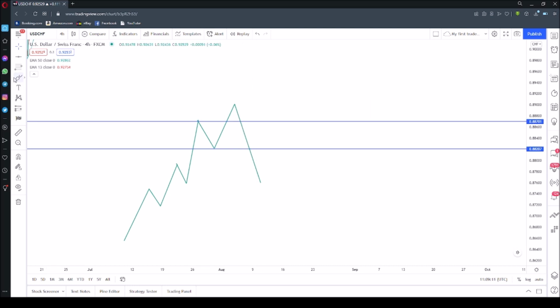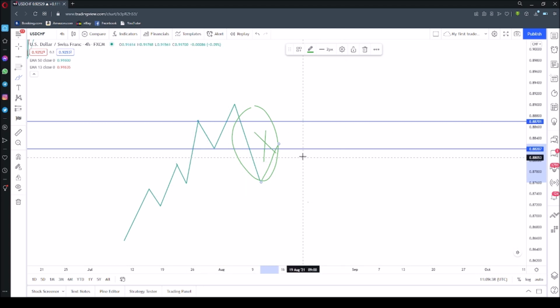Therefore, within this flow, we need to see the market actually giving us a crossover of the 50 and the 13 EMA. After having that crossover, we would expect to see the market come back and retest the order block above the 50 EMA.